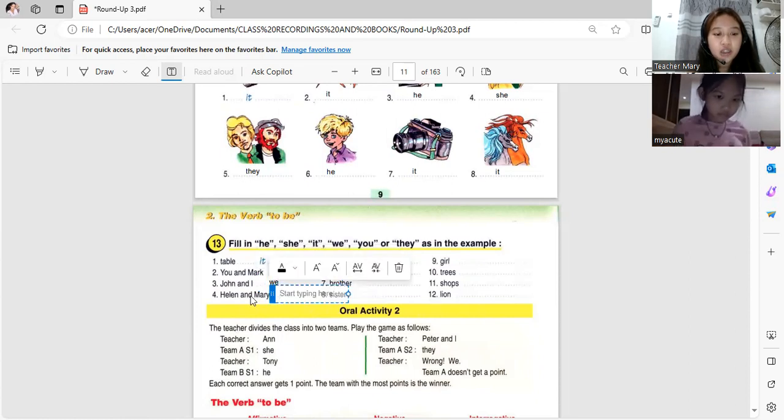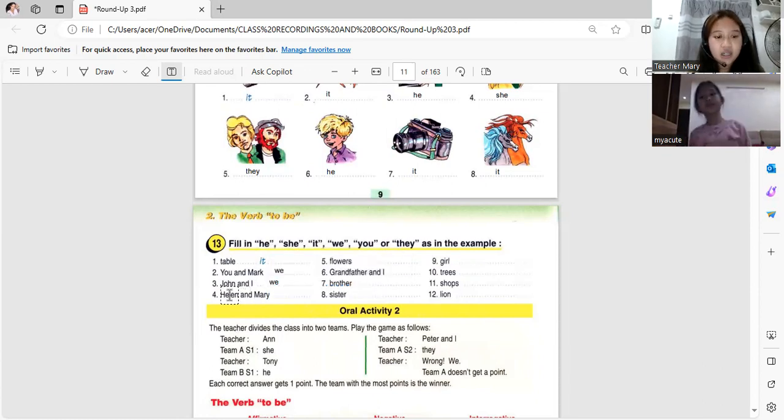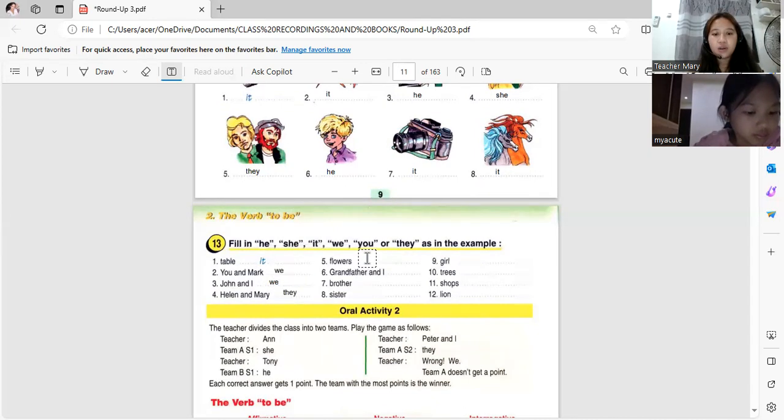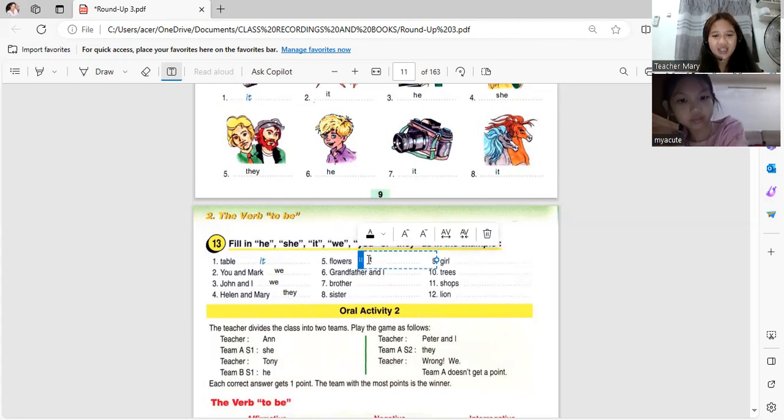So you are not involved in this example. So you are pointing at them. What will you use? We or they? They. Yes, very good. They. For number 5, flowers. It. Yes, it. Why will we use it again? Because it is describing a thing.